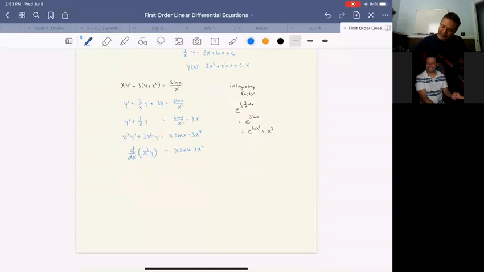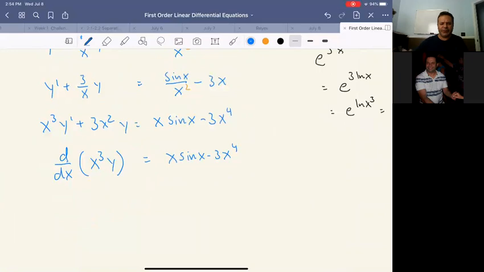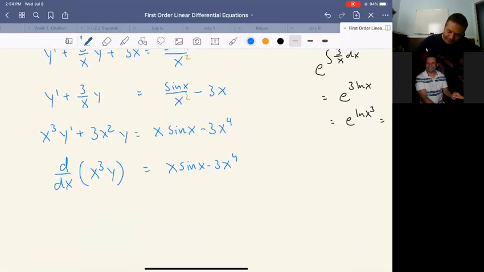Left-hand side doesn't really require much, just getting rid of the derivative sign. Right-hand side, I'm going to have to integrate x sine x dx minus the integral of 3x to the 4th, which is 3x to the 5th divided by 5. Let's just add a c in there.